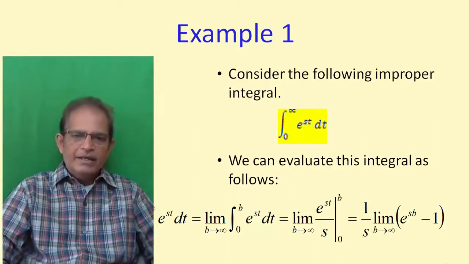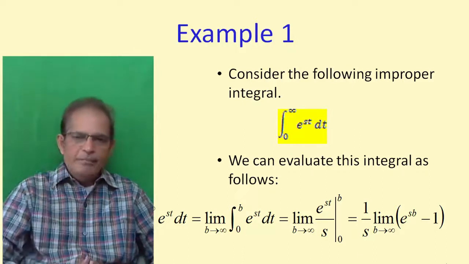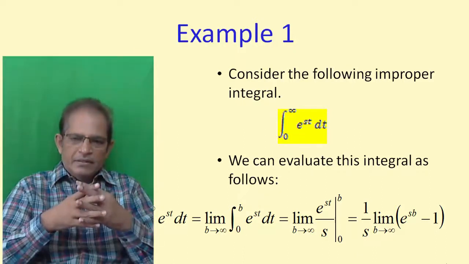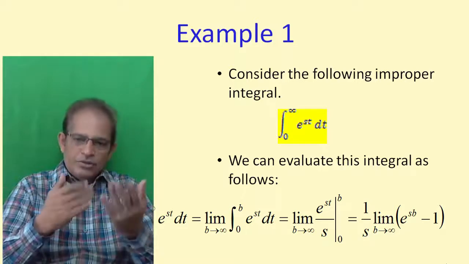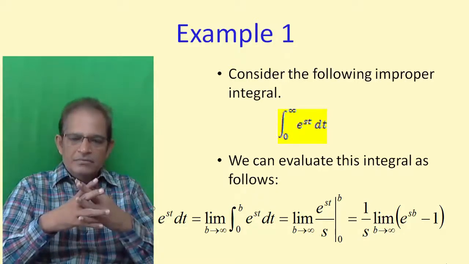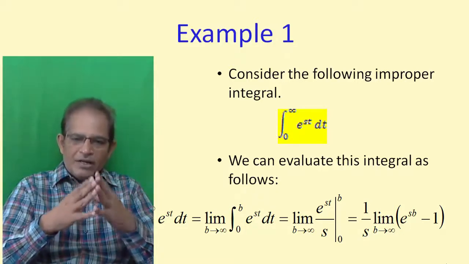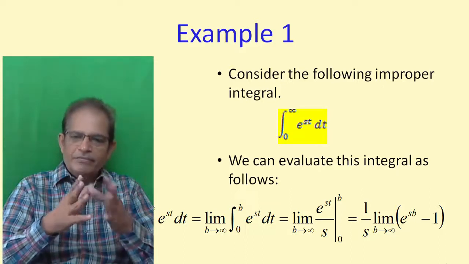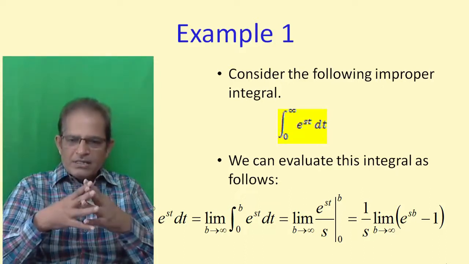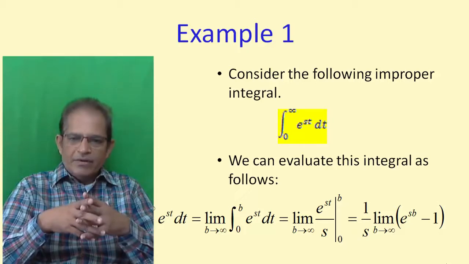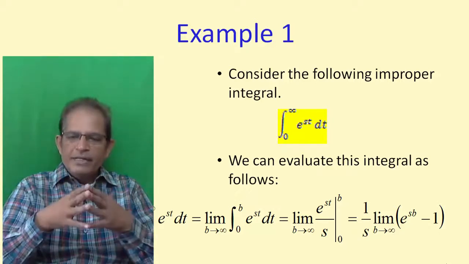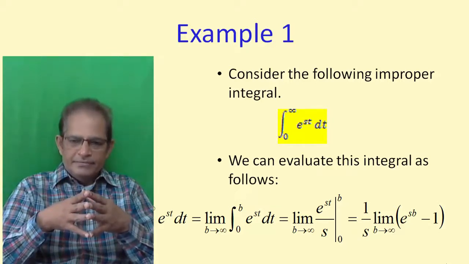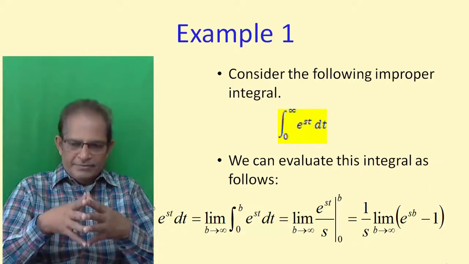So first you have to integrate e power st with respect to t between the limits 0 and b, then substitute b to be infinity or consider limit b tending to infinity. So this on simplification you get 1 by s limit b tends to infinity e power sb minus 1.